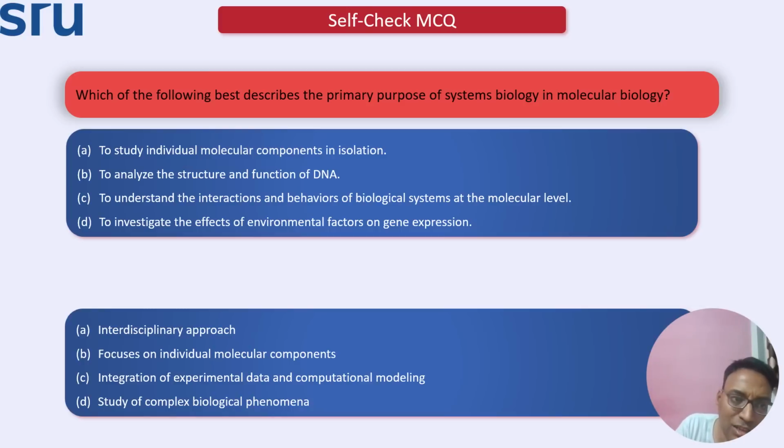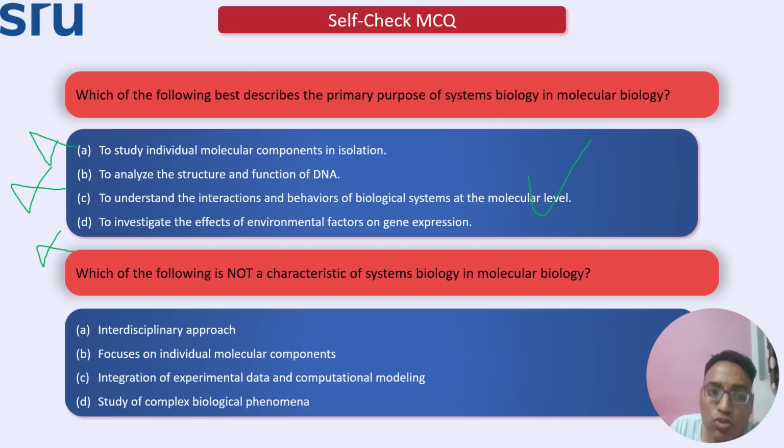So the first answer is wrong. To analyze the structure and function of DNA, this is itself wrong. To understand the interactions and behavior of biological systems at the molecular level, this seems to be the right answer. To investigate the effects of factors on gene expression, this is also wrong.